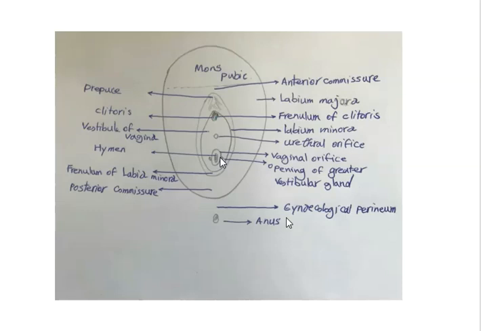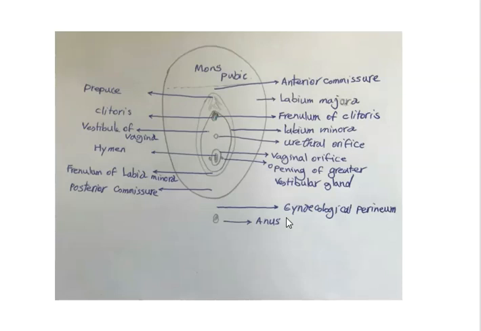The vaginal orifice lies in the posterior part of the vestibule and is partly closed, in virgins of course, by a membrane called the hymen. Here I try to show you the hymen.